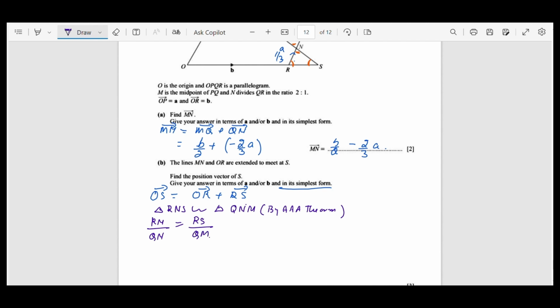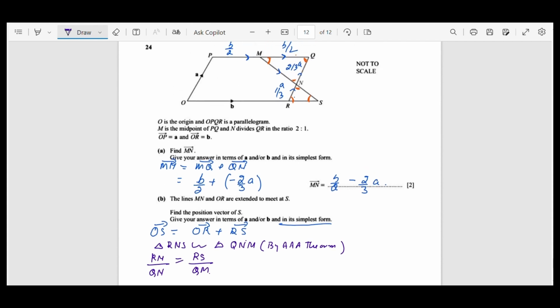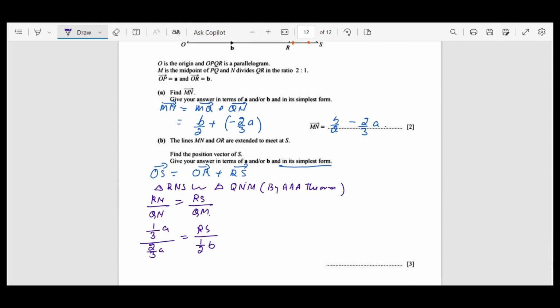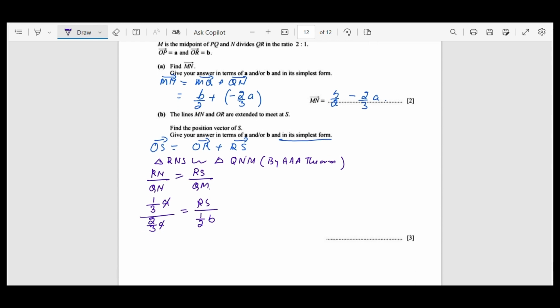We substitute RN, which is 1 by 3 A, over 2 by 3 A. This will be equal to RS over 1 by 2 B. Now we can cancel the 3, so it will be 1 by 2 times 1 by 2 B, which is RS.